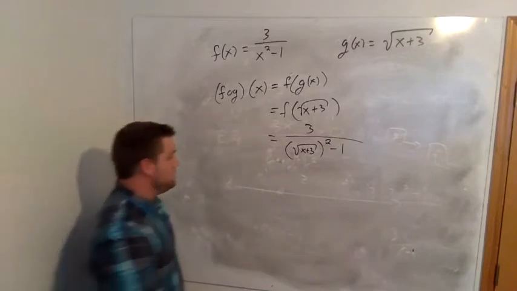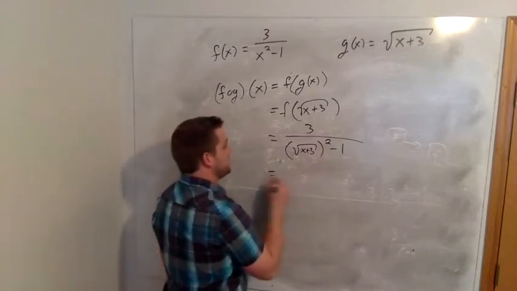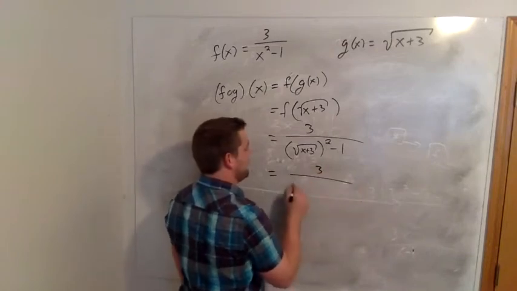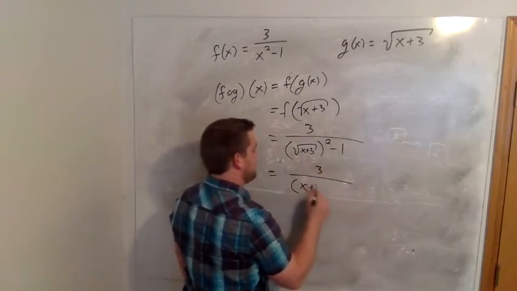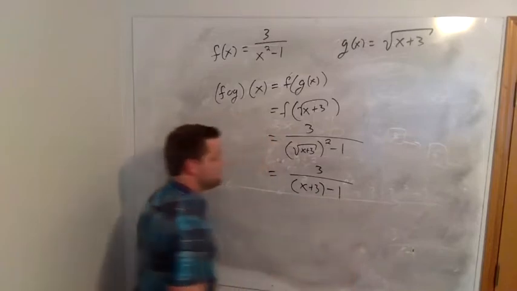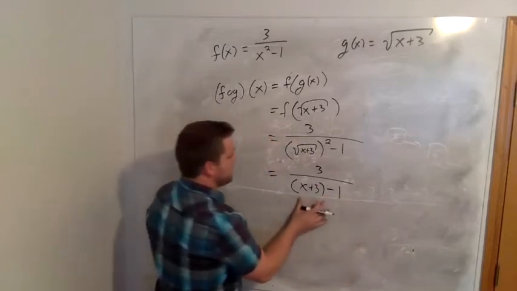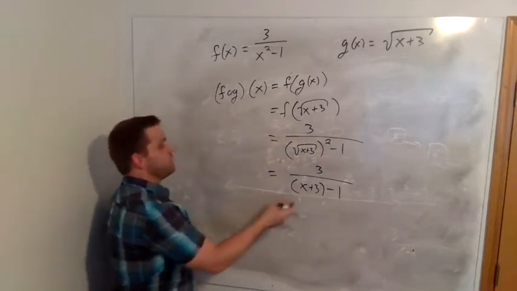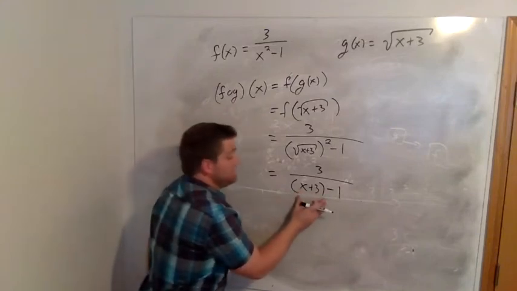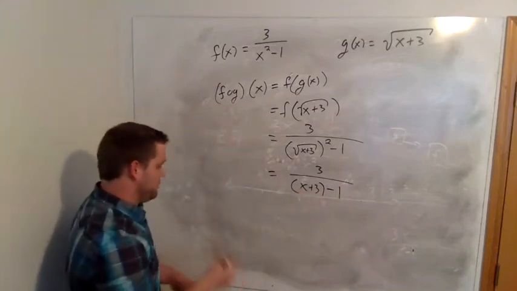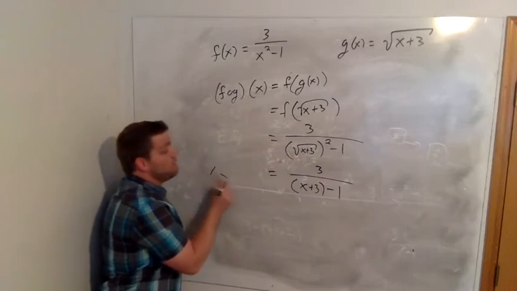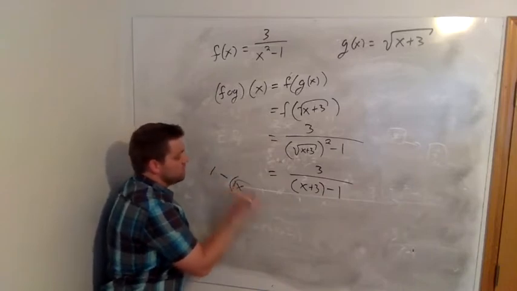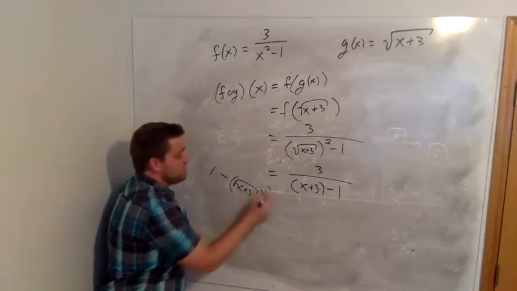Let's clean this up a little bit. The square and the square root cancel each other out. I get 3 all over x plus 3 minus 1. I'm always a little bit careful about parentheses here. In these examples I don't need parentheses, but let's pretend it was 1 minus the square root of x plus 3, quantity squared.